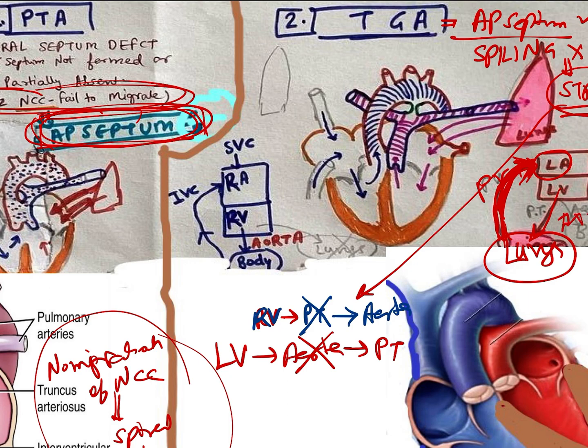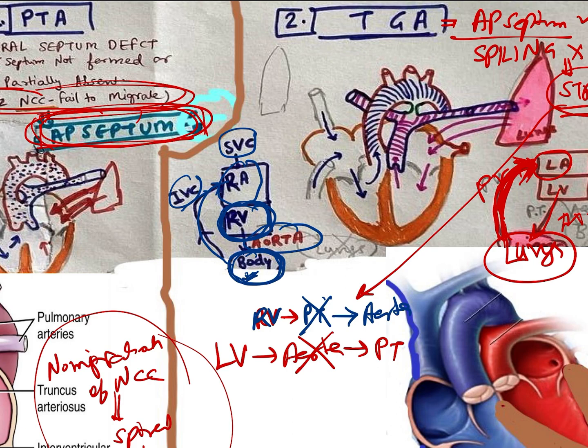And what happens on the right side? If you see carefully, SVC and IVC will drain blood into the right atrium. From the right atrium, blood will go into the right ventricle. From the right ventricle, blood will go into the body through the aorta. Usually the right ventricle shifts blood into the lungs via the pulmonary trunk, but through the aorta, deoxygenated blood is going to the body, and from the body again it is going to the right atrium.